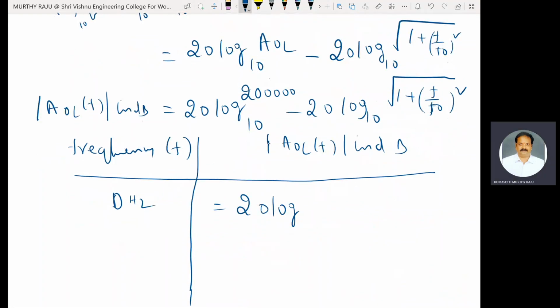20 log 2 lakh base 10 minus 20 log base 10. Substitute the f value.